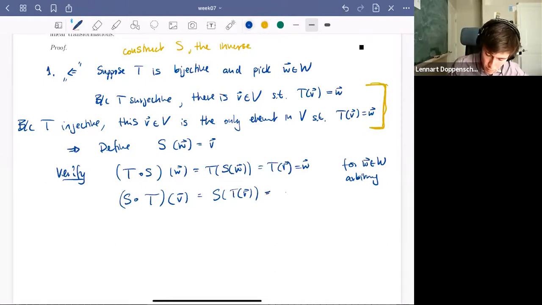So this is V. And so this means that T composed with S is equal to the identity on W, and S composed with T is the identity on V.